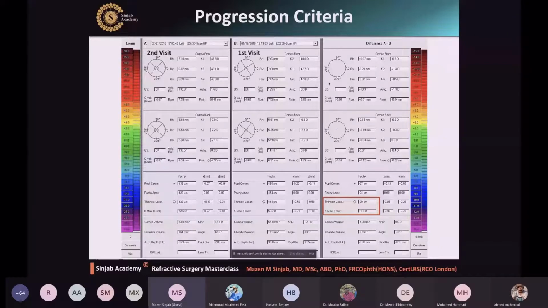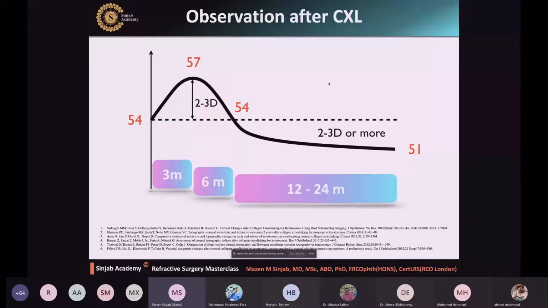Now we come to the last thing, which is observation after cross-linking, because this is where many physicians may make mistakes. As you see here, during the first 3 months after cross-linking, the K readings will jump up, normally 2 to 3 diopters.